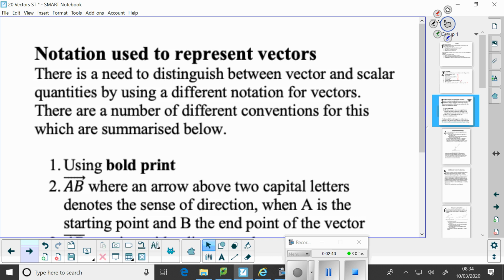So, notation used to represent vectors. We need to distinguish between vector and scalar quantities by using different notation for vectors.